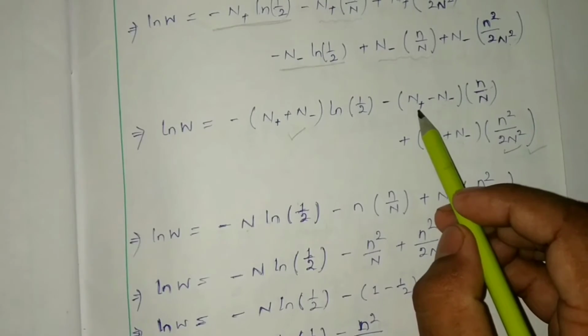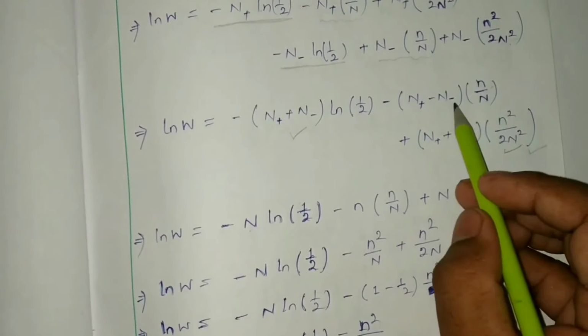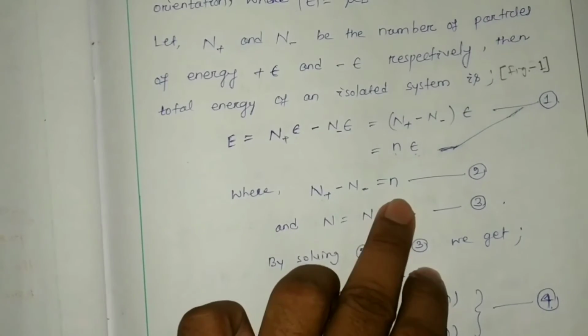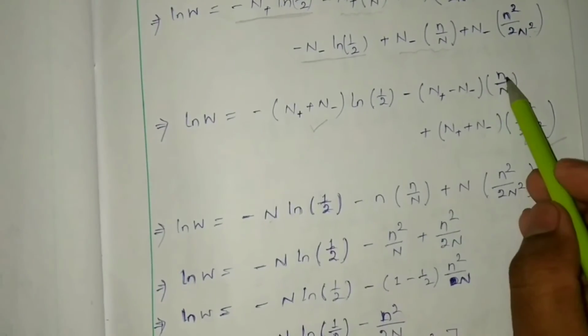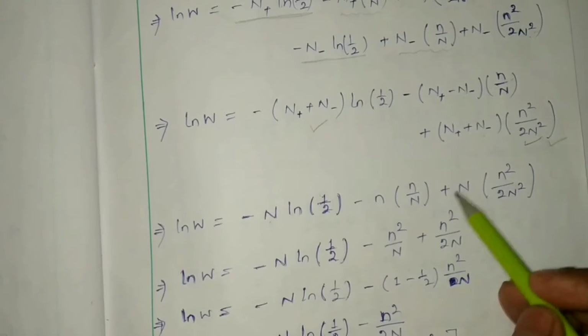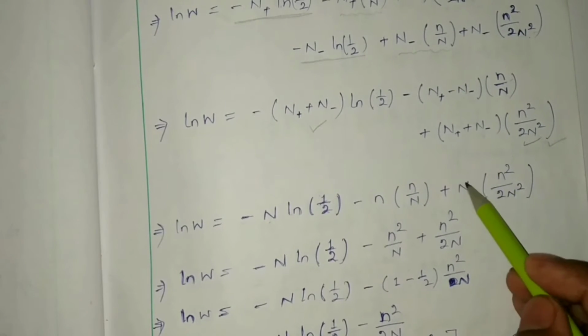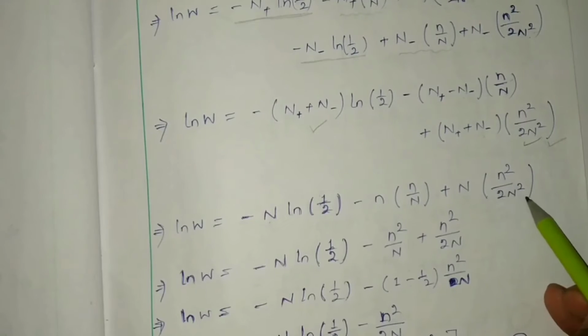n plus minus n minus is how much? It is your small n. You just put small n by N, and n plus plus n minus is nothing but capital N square by 2N square.